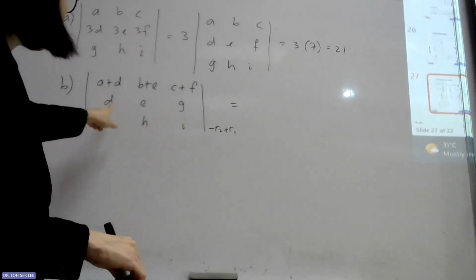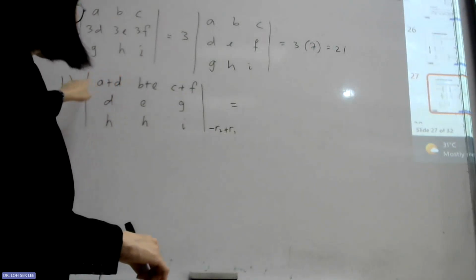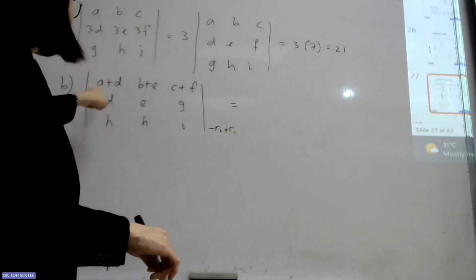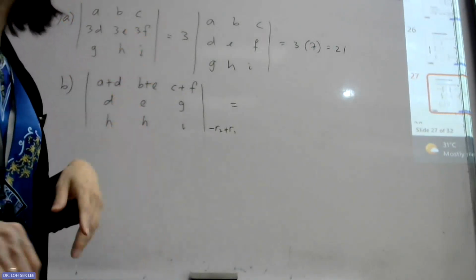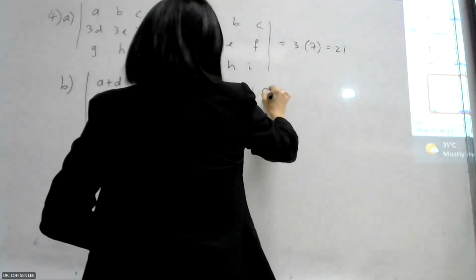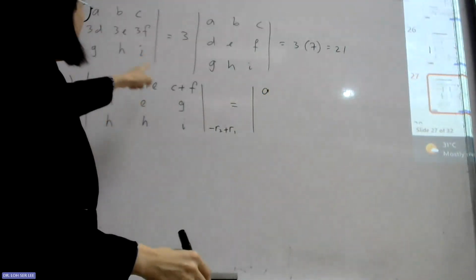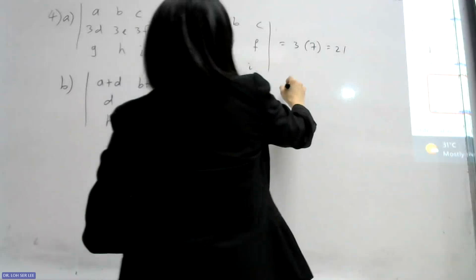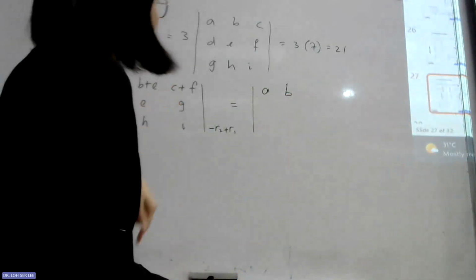So you have negative D, negative D plus this one, so this will equal A. Negative E plus this, you get B. This is F, sorry.